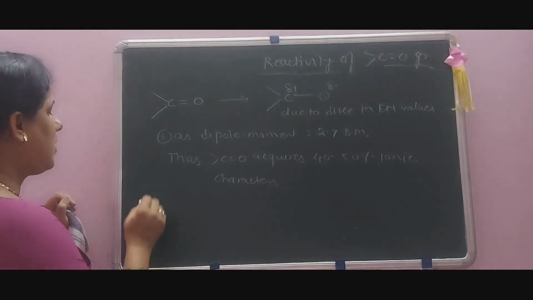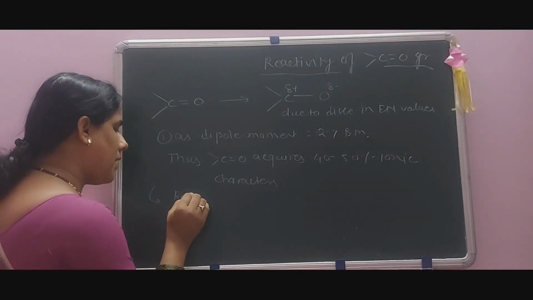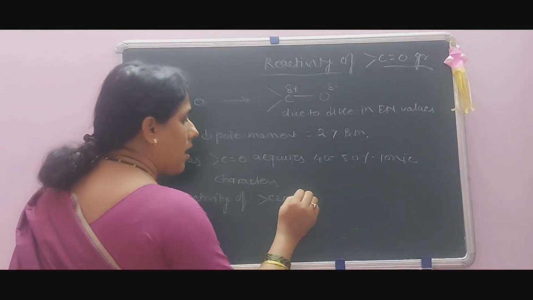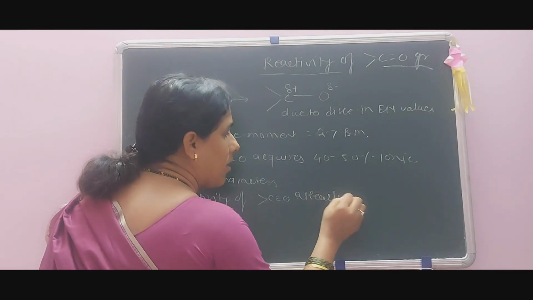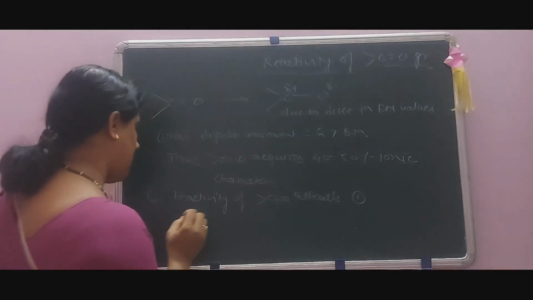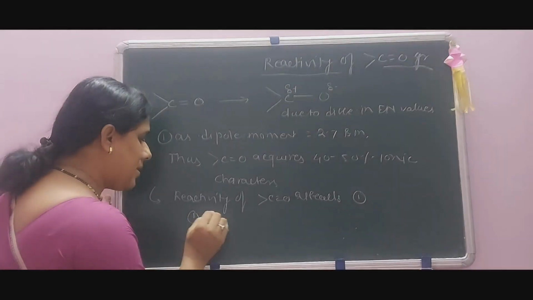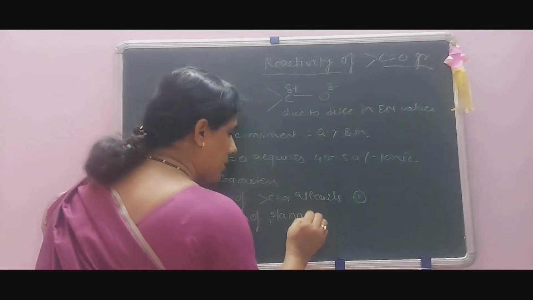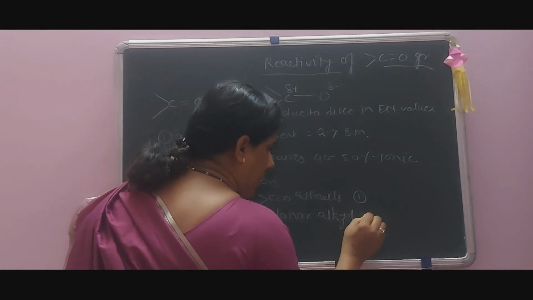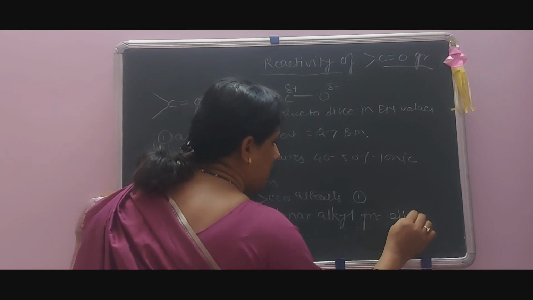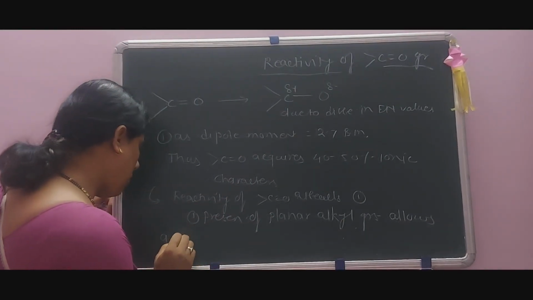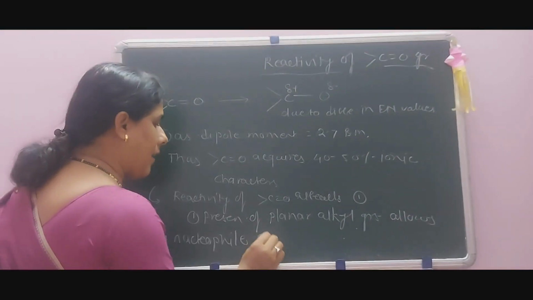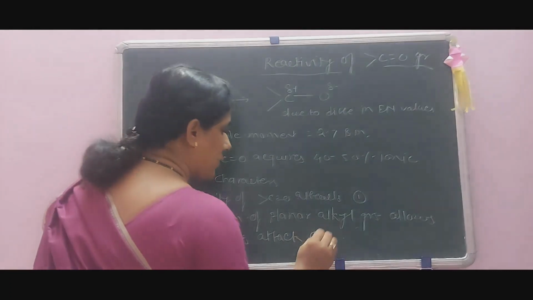Now, the next point is what affects the reactivity of the carbonyl group. First, the presence of planar alkyl groups allows a nucleophile to attack from both sides.